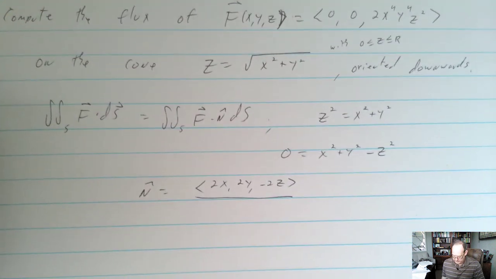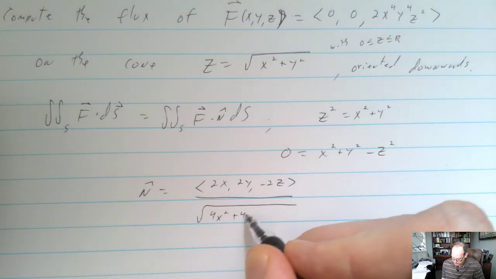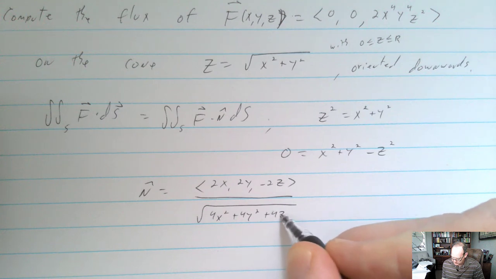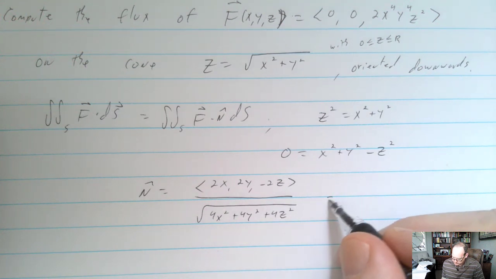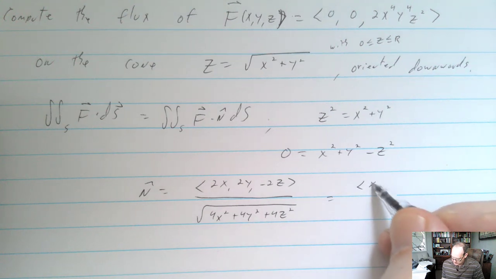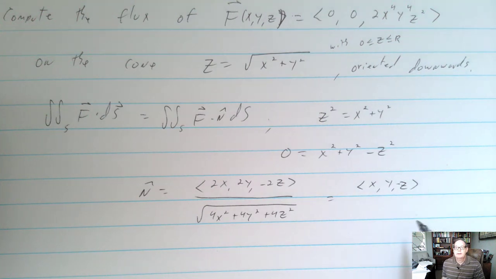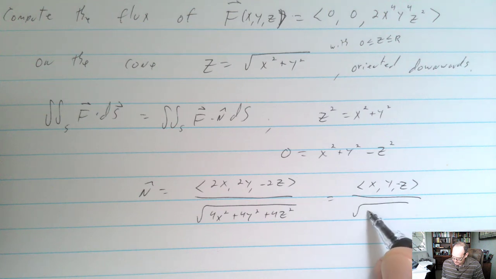Make it into a unit vector: square root of 4x squared plus 4y squared plus 4z squared. And pull a 4, square root it out, and that'll just give me x, y, negative z, all over the square root of x squared plus y squared plus z squared.